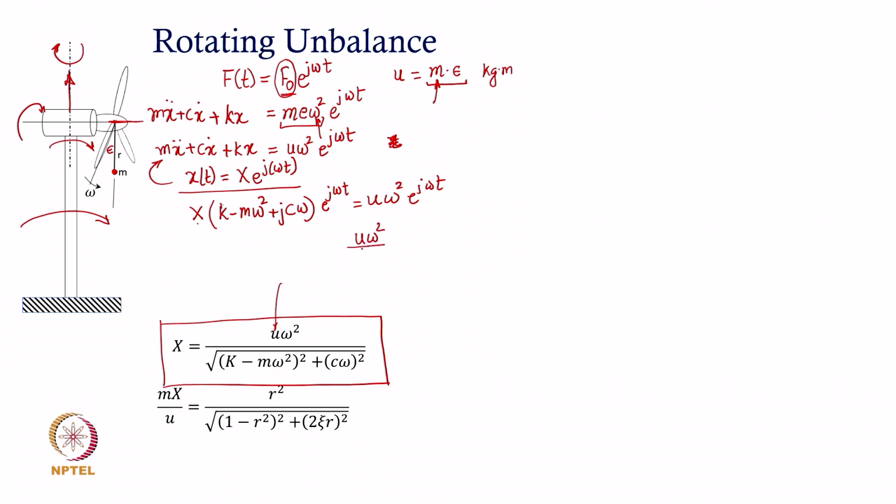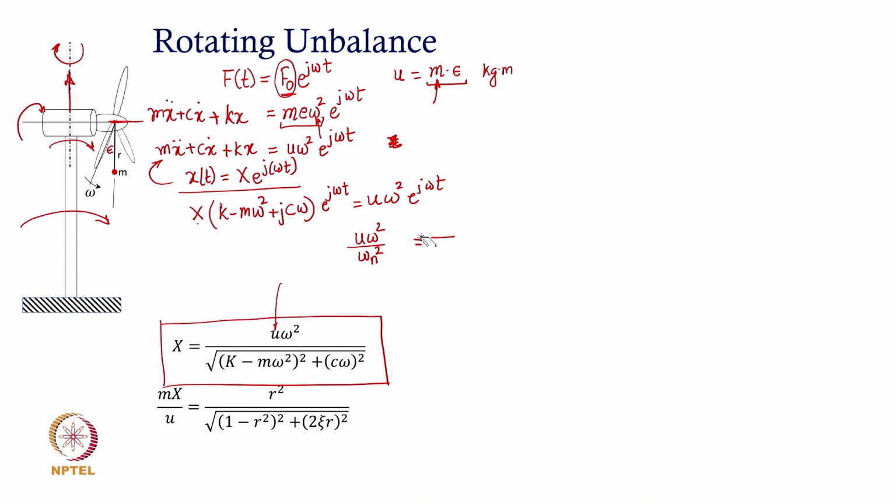So, I will divide this by omega n square just to bring it into our common notation as you see here, and that basically means that this is equal to u times omega, multiplied by omega n square to keep it the same. So, I am multiplying and dividing it by omega n square, and so this gives us u r square.